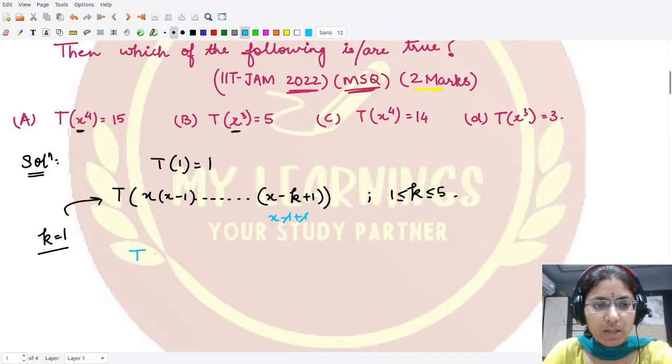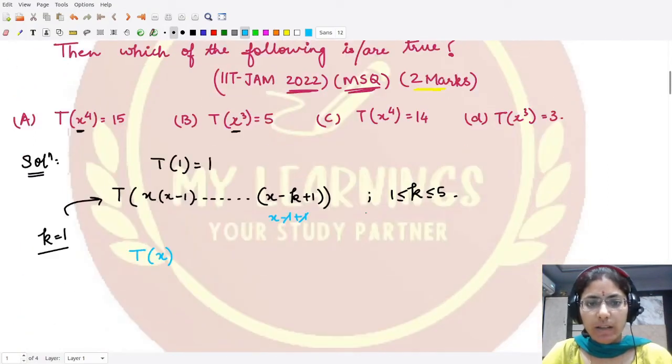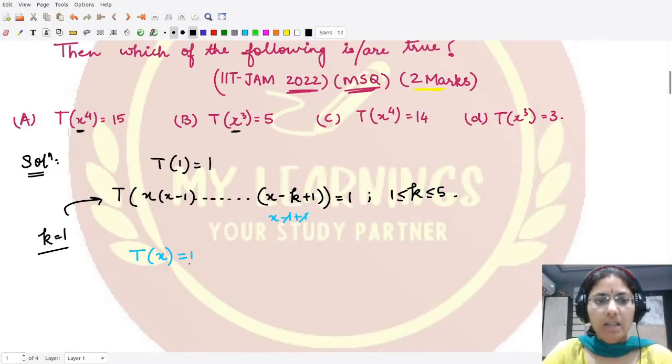So the expression would be reduced to T of x only. We are given that this thing is equal to 1, right? So T of x is equal to 1. Let's mark this as equation number 2.